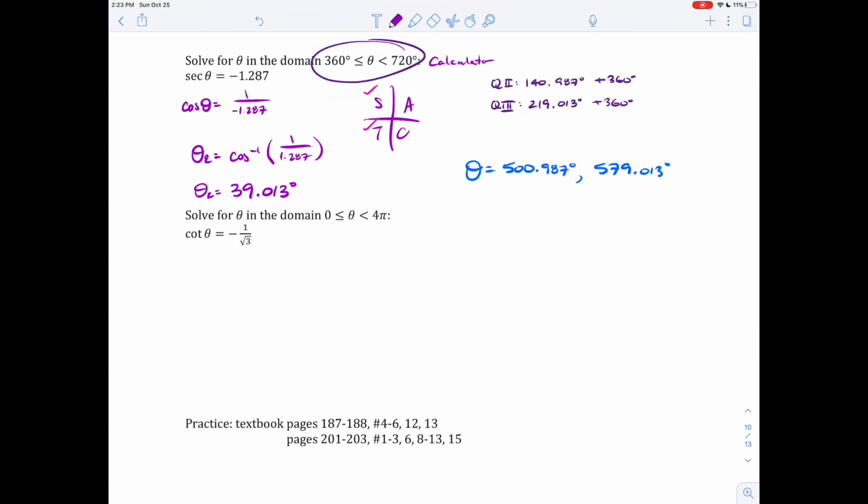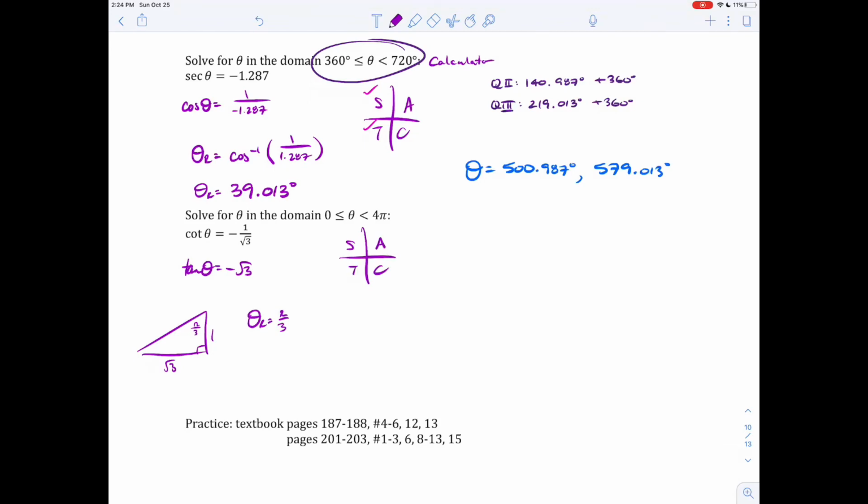If cotangent is negative 1 over root 3, then tan of theta is negative root 3. This is root 3, this is 1, opposite over hypotenuse, so we must be dealing with that angle there. We've got a reference angle of pi over 3.